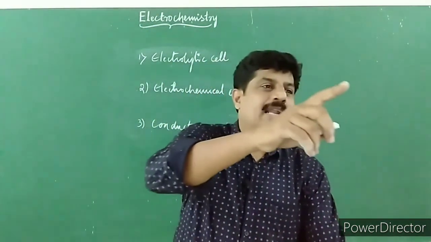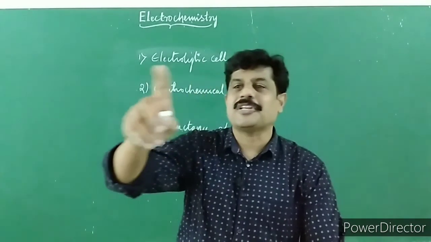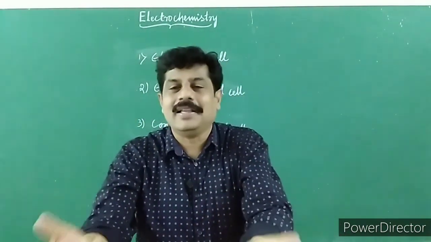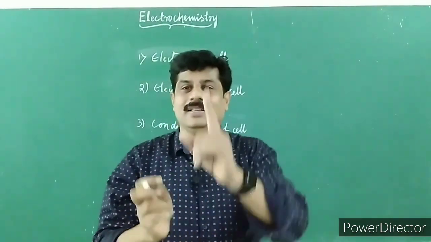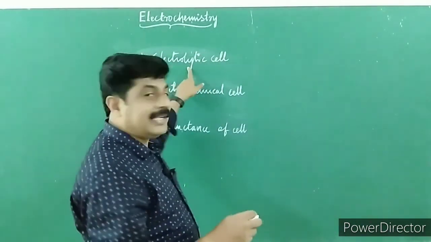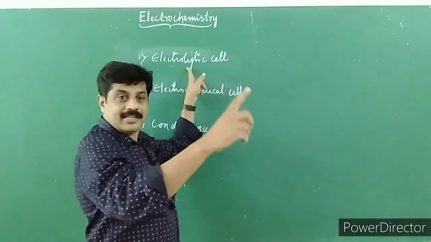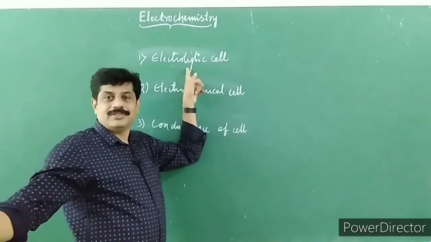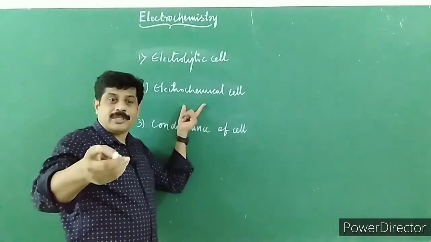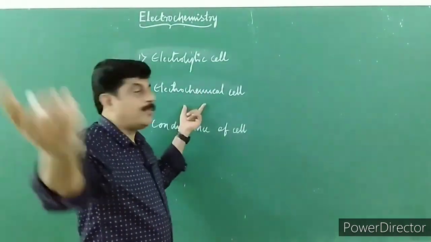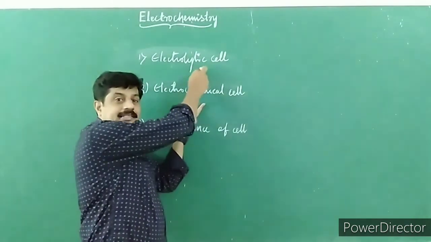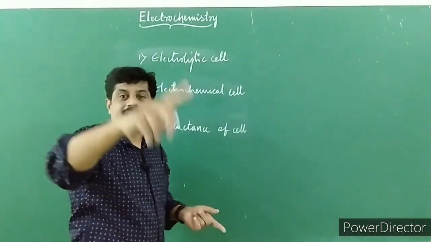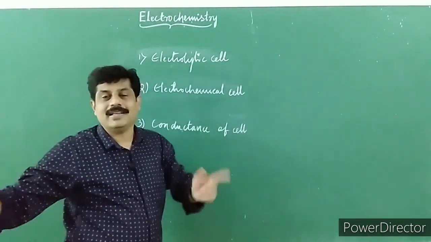Children, electrolytic cell is a device which converts electrical energy into chemical energy. I repeat, electrolytic cell is a device which converts electrical energy into chemical energy, whereas electrochemical cell, which is just opposite to electrolytic cell, converts chemical energy into electrical energy.